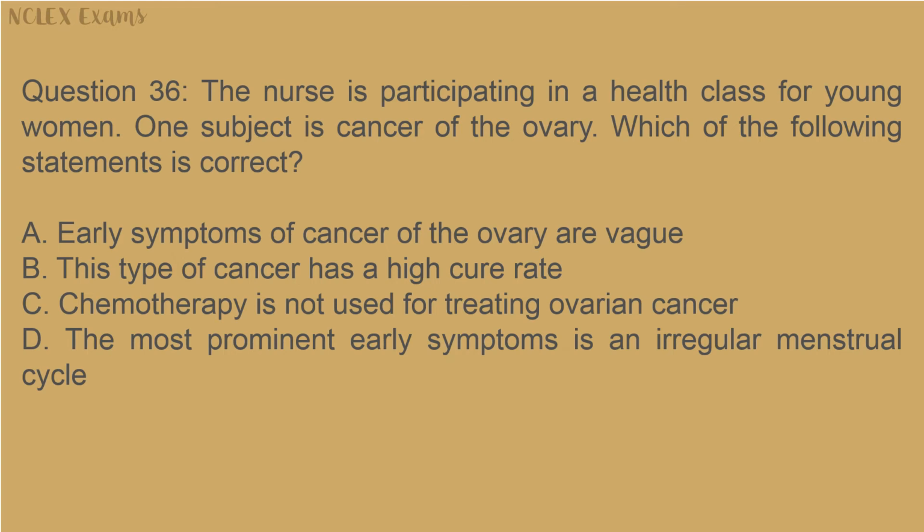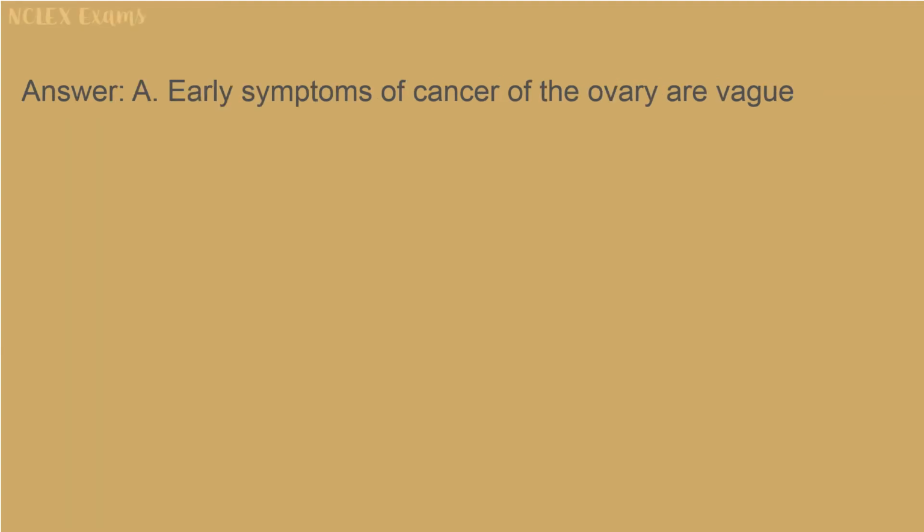C. Chemotherapy is not used for treating ovarian cancer. D. The most prominent early symptom is an irregular menstrual cycle. Answer: A. Early symptoms of cancer of the ovary are vague.